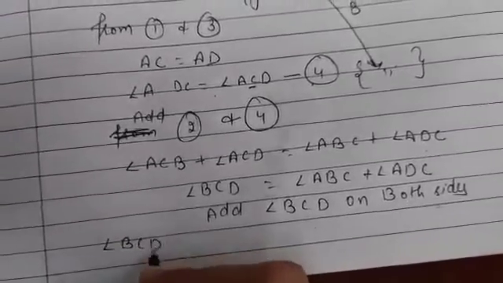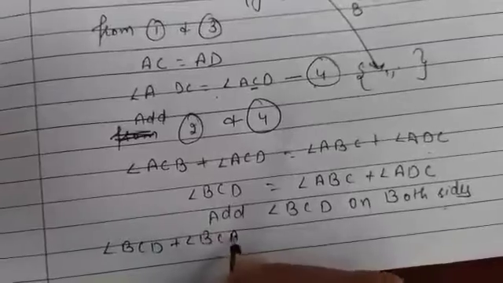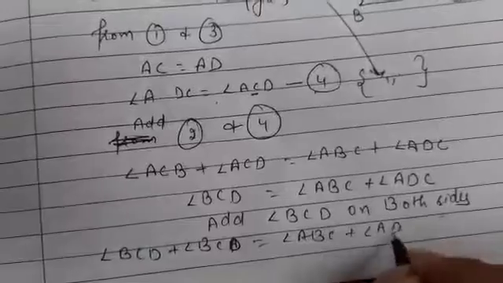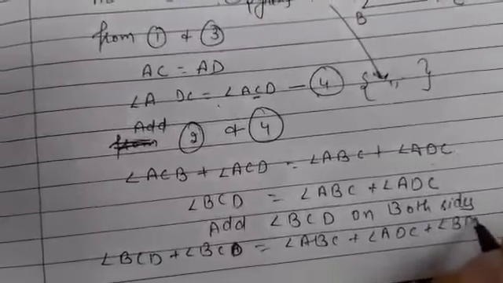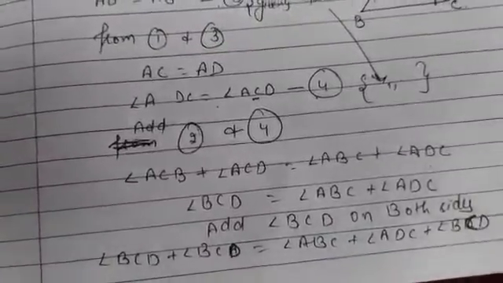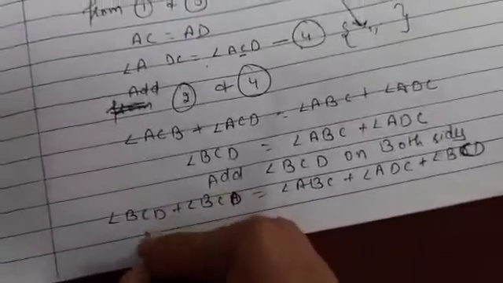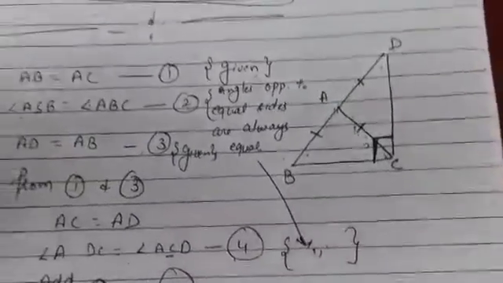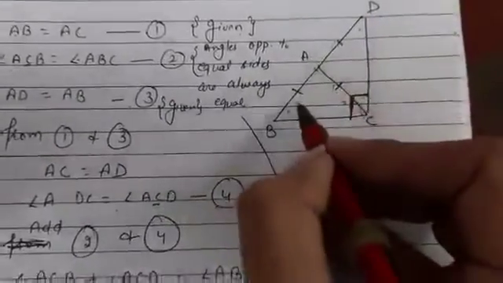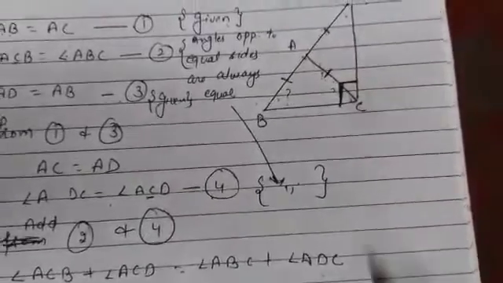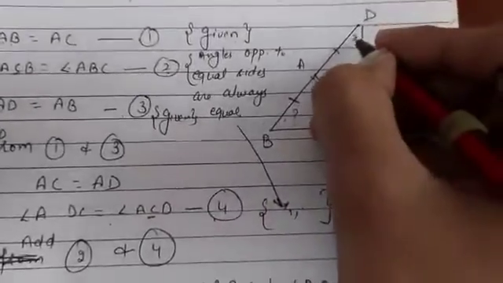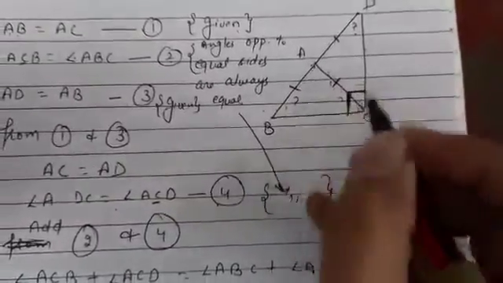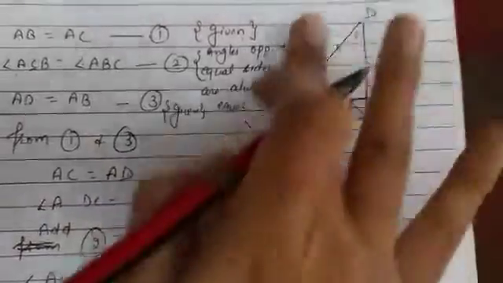Now add this same angle BCD on both sides. Angle BCD plus angle BCD, and this side also ABC plus ADC plus BCD. Clear? Now see, that will become 2 times BCD. But ABC, this angle in the triangle, ADC, this angle, and BCD, this full angle, these 3 are angles of this triangle.